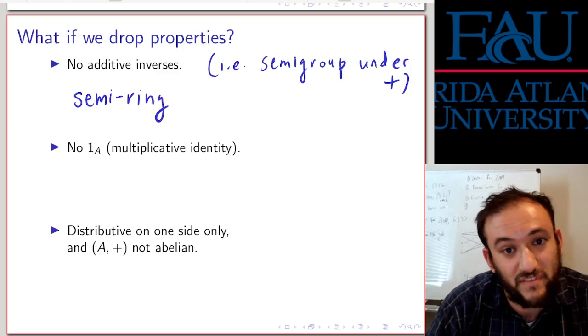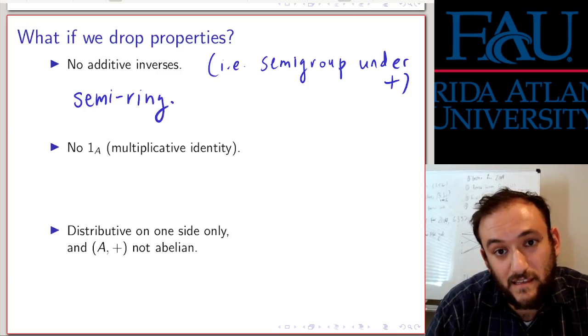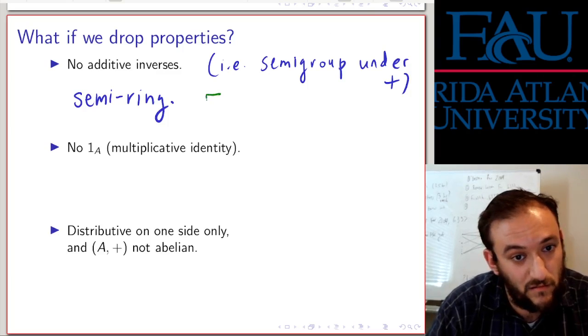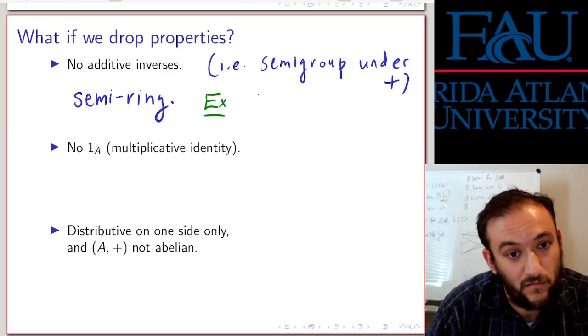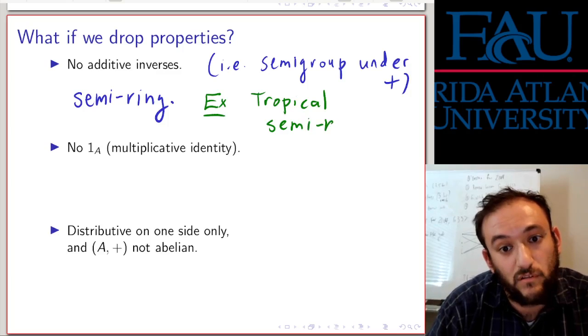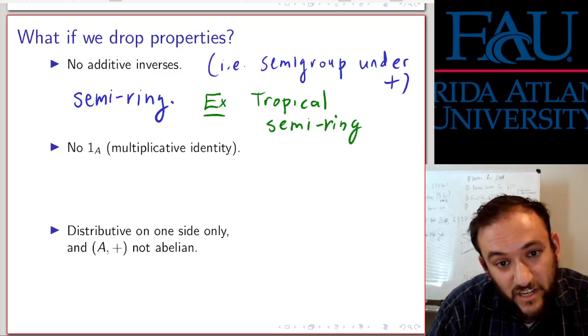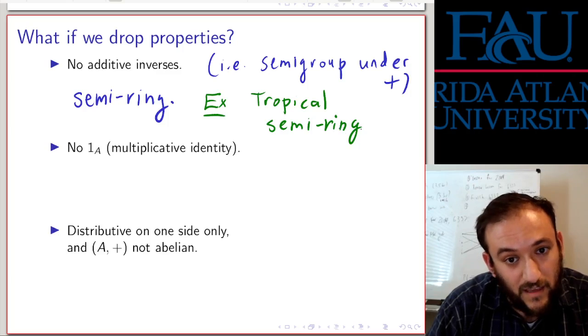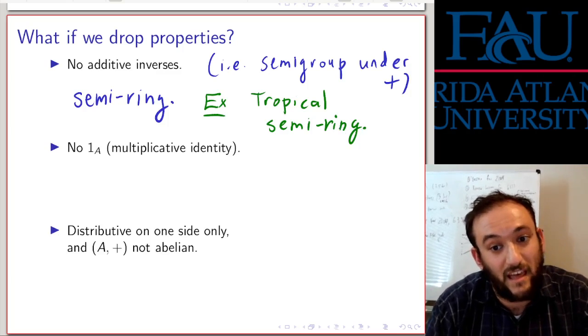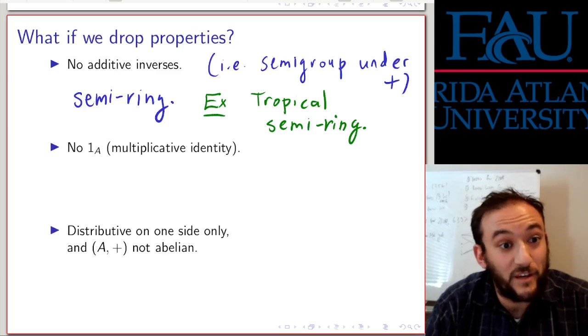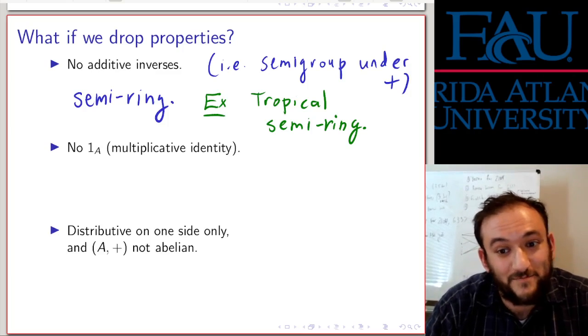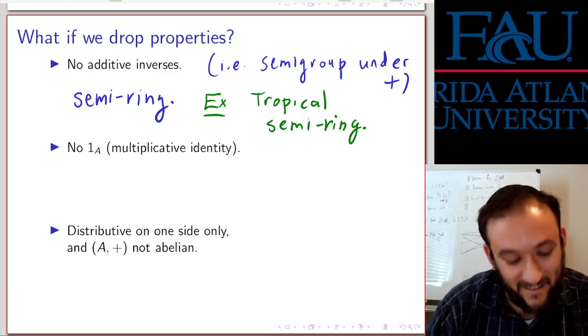And an example of this is the tropical semi-ring. And this is a very cool object to study. It has enormous applications in algebraic geometry, and it would make a great research project topic. So definitely look into that.